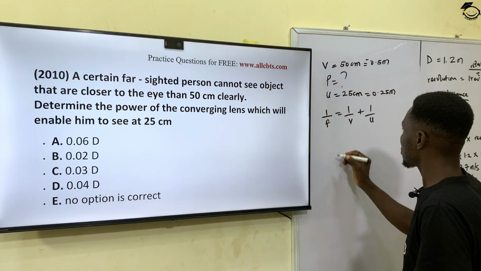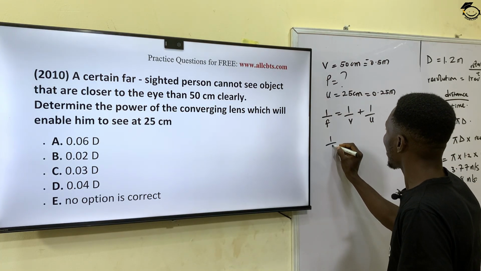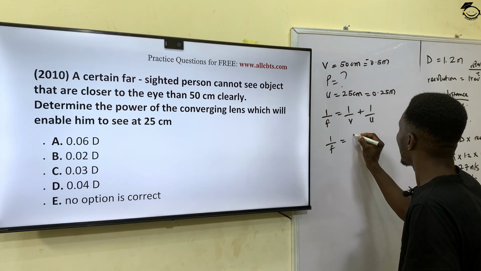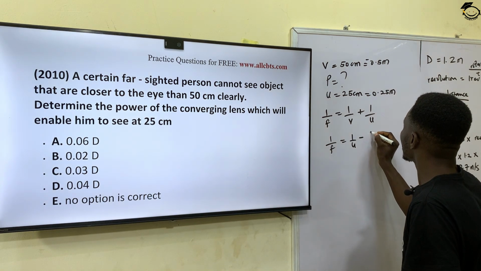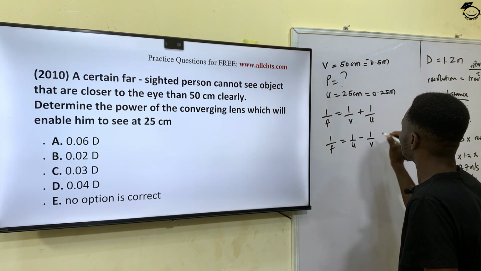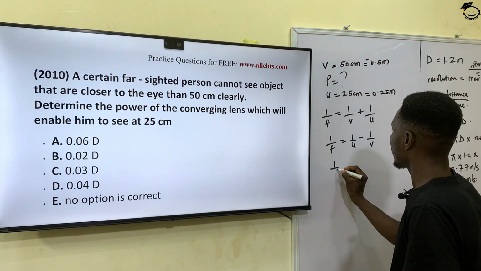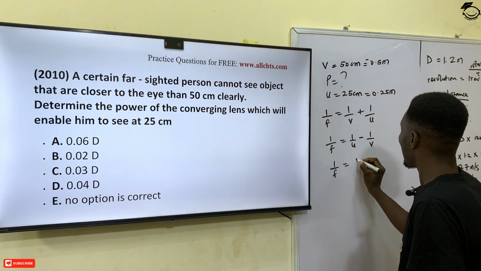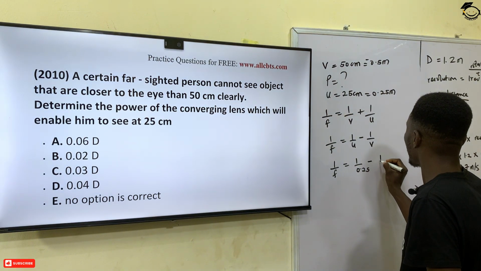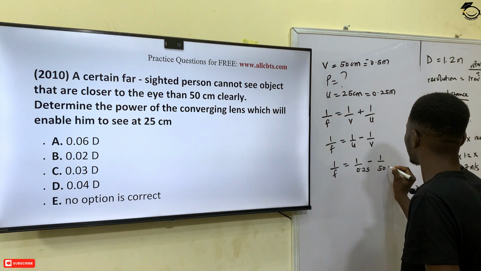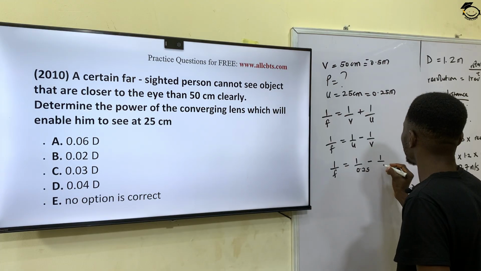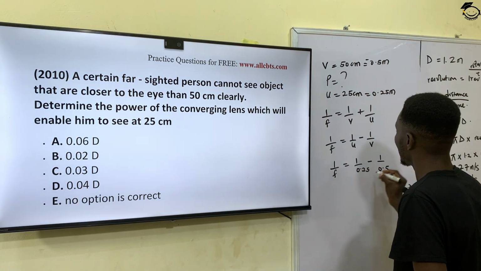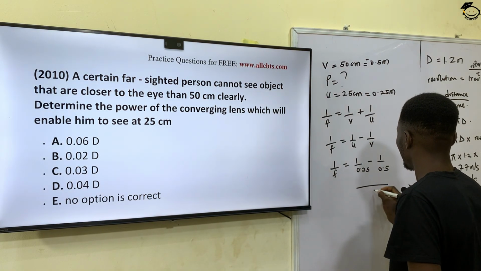So this formula will become 1 over f is equal to 1 over u minus 1 over v. So 1 over f is equal to 1 over 0.25 minus 1 over 0.5.